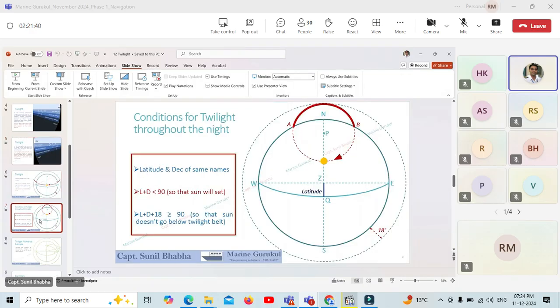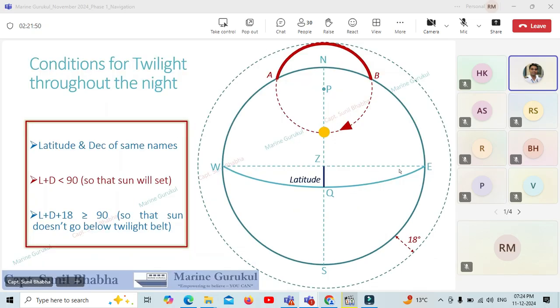Great, beta. So let me now show you one more concept. This is the condition for twilight throughout the night. One more concept which is sometimes asked in the questions is what are the conditions for twilight throughout the night?